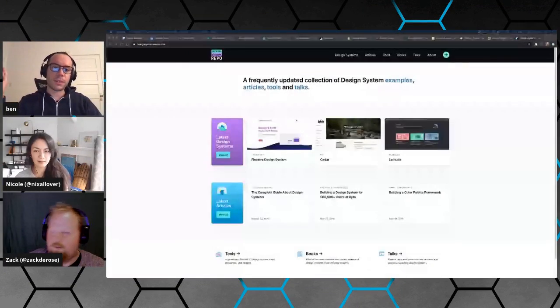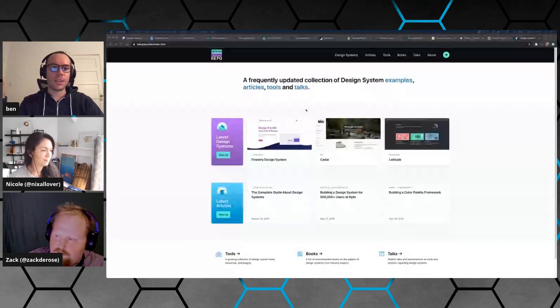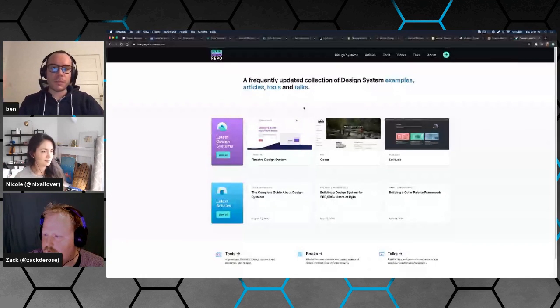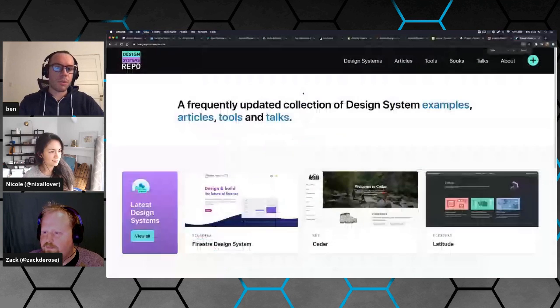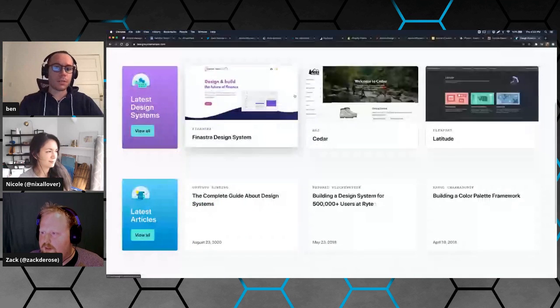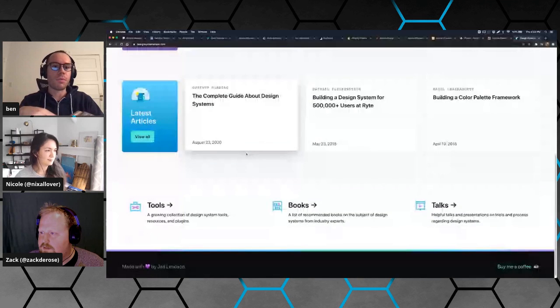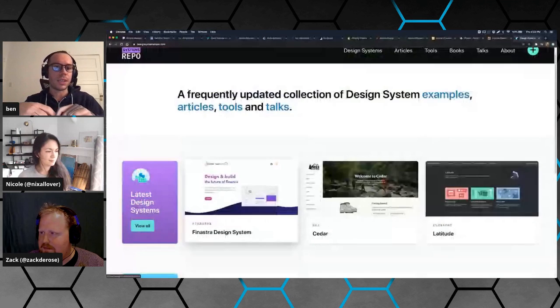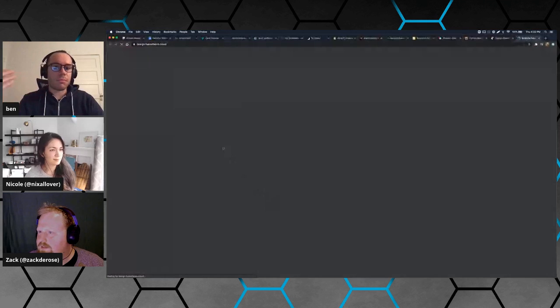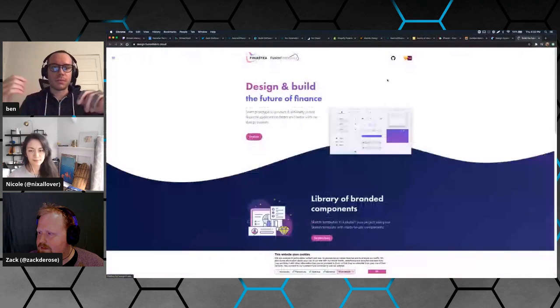So the first one is, how can I share it here? I can throw it up on the screen for you. Okay, so it's designsystemrepo.com, which is basically a portfolio of existing design systems that you can see. They come from big companies, smaller companies, and startups, and you can go through and see how they did their design system and component library.